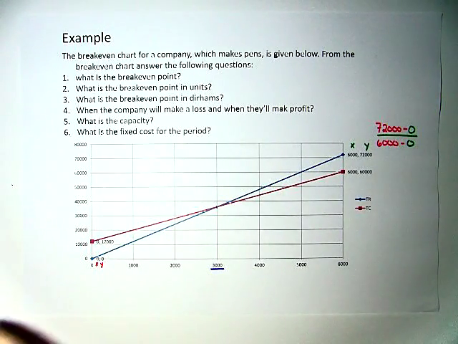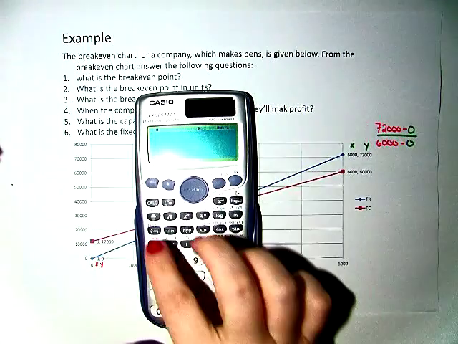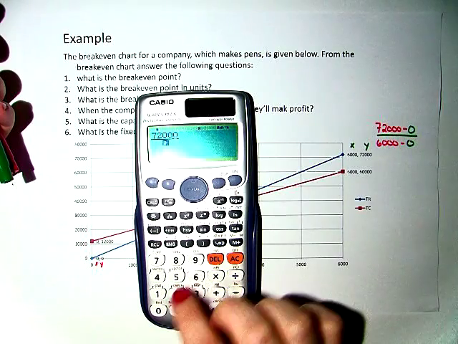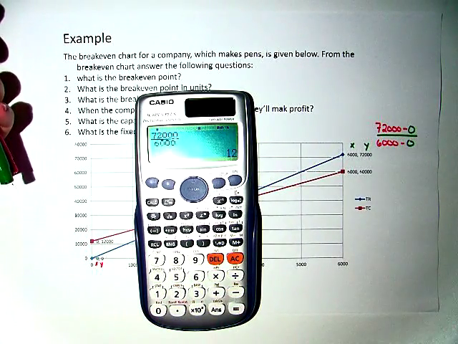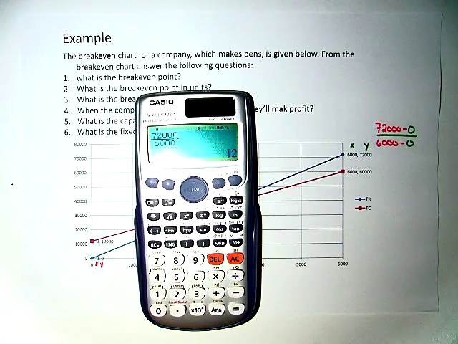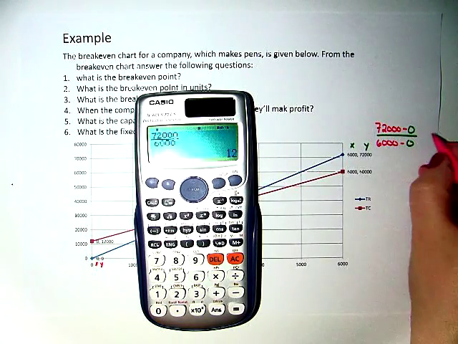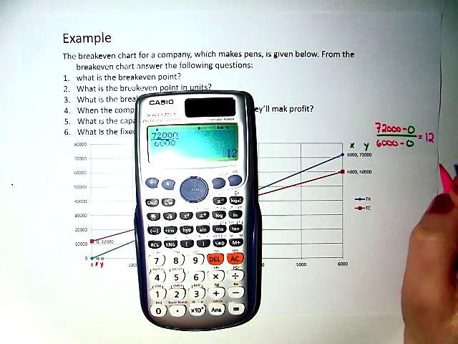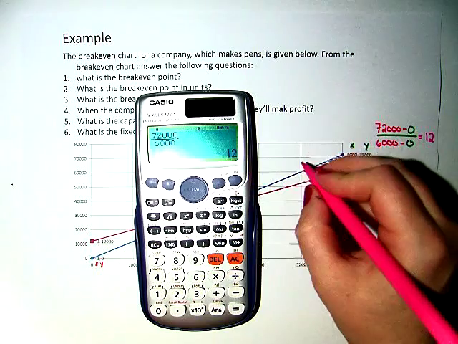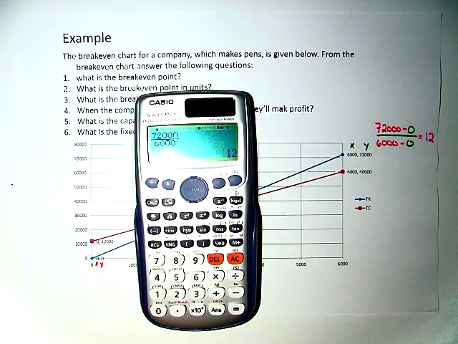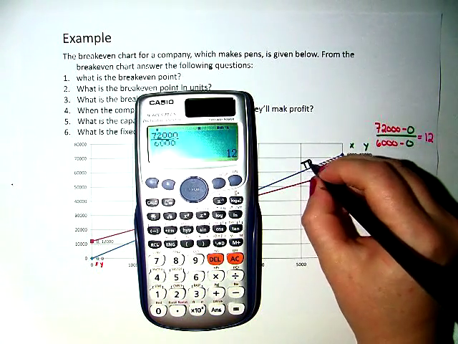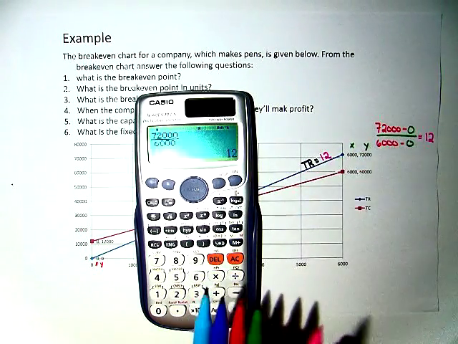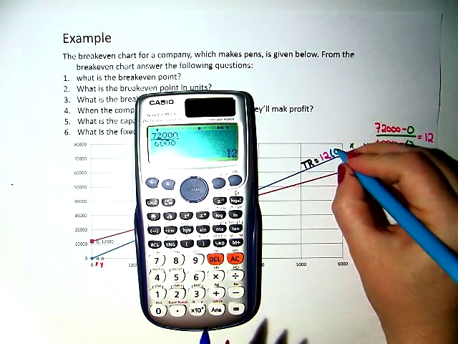Okay, so let's get out our calculator. 7,200 divided by 6,000. And we get that the total revenue graph equation, the slope, is 12. In other words, the selling price is going to be 12. Okay, so to do the total revenue line, total revenue equals 12 times my quantity.